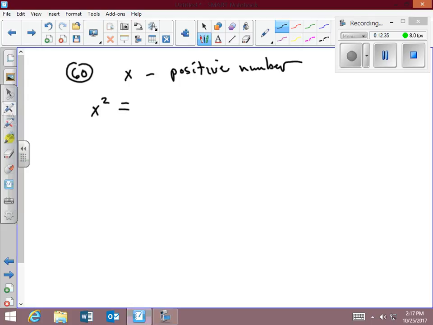Equals 6 more than 5 times the positive number. So how are you going to write that mathematically? It'd be plus 5 times the positive number, which is x, right? So now, is that describing it? The square of a positive number is 6 more than 5 times the positive number.